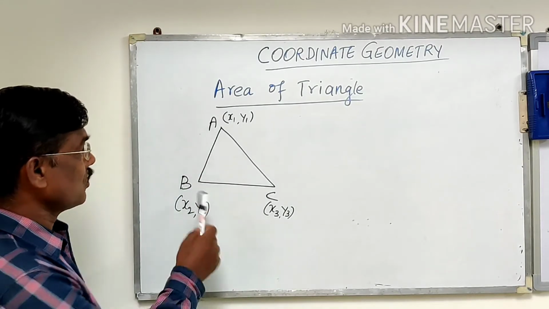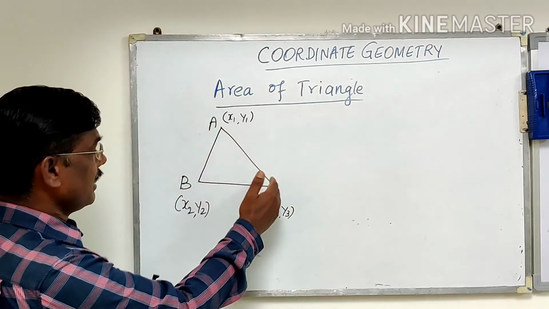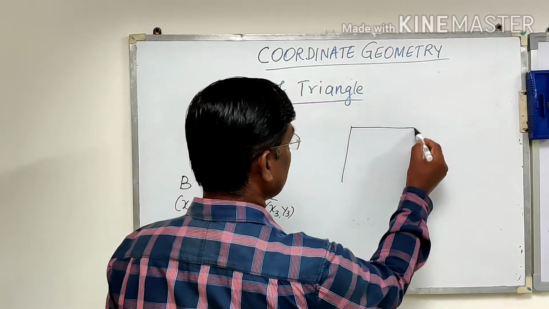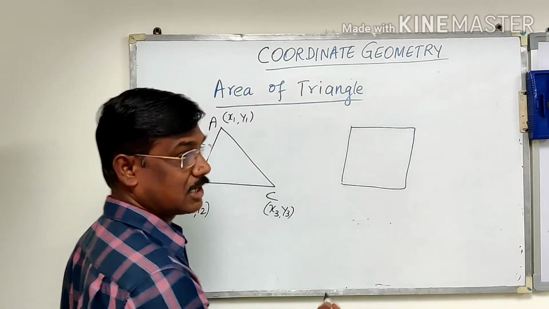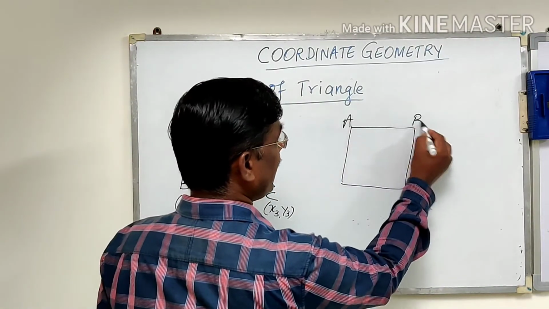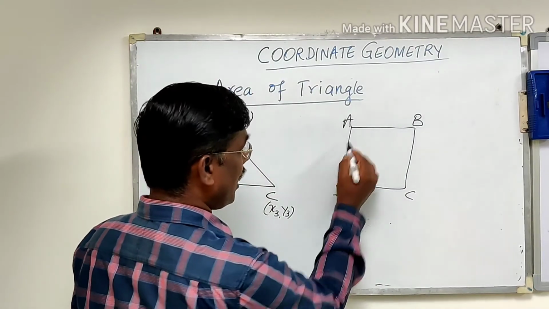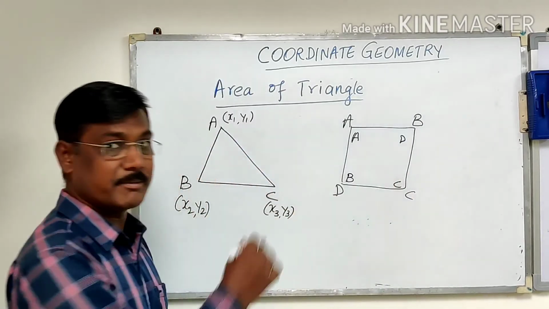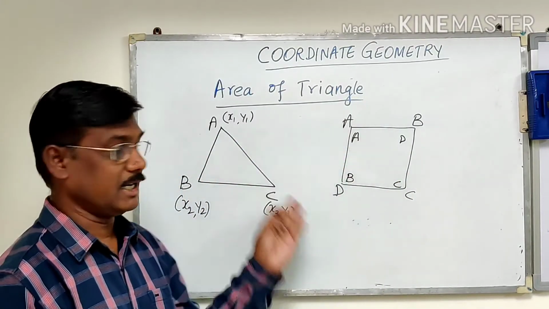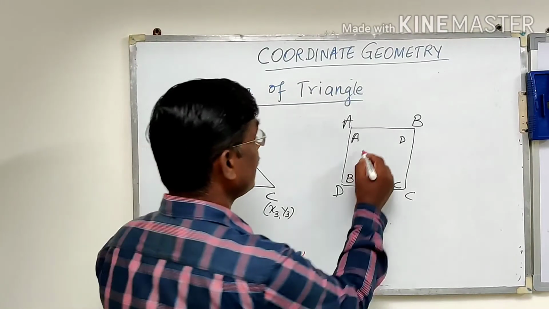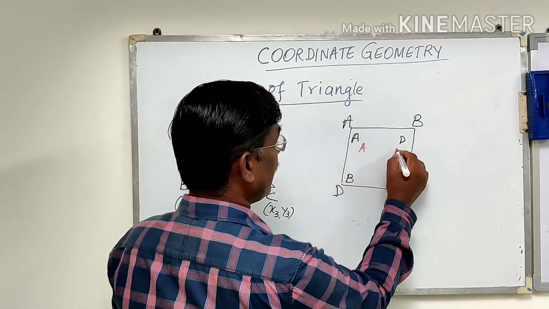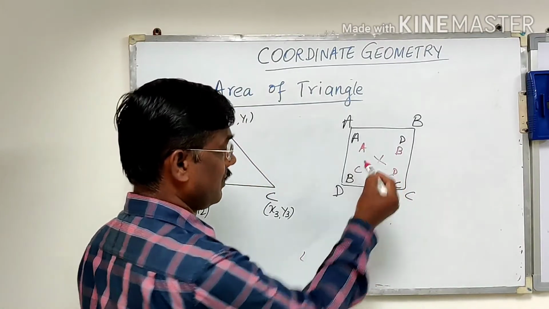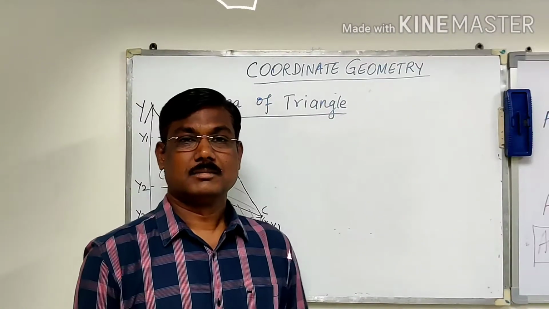For a triangle there is no problem writing A, B, C, but in a quadrilateral, say this is a quadrilateral, you have to write either A, B, C, D in a cyclic manner, either clockwise or anti-clockwise. You should not write them out of order. No, this is not allowed.